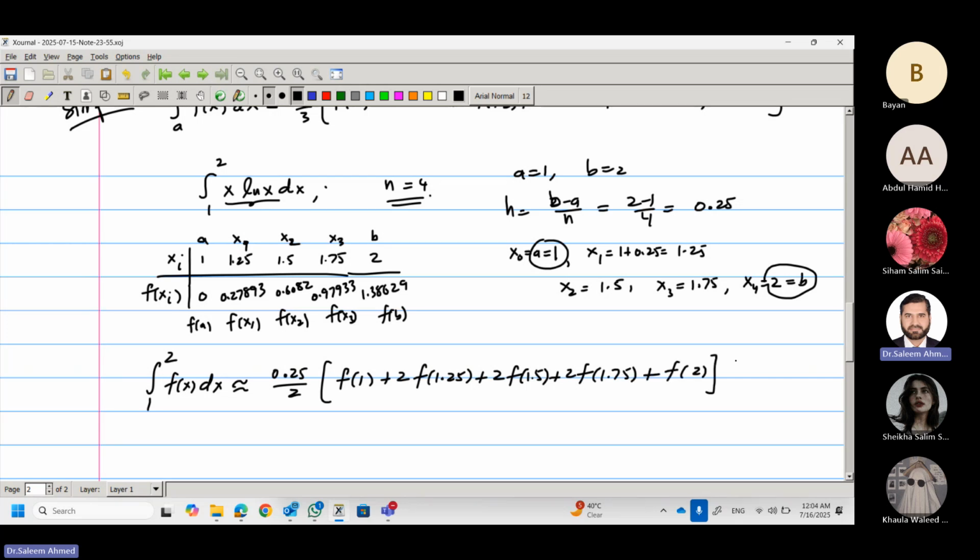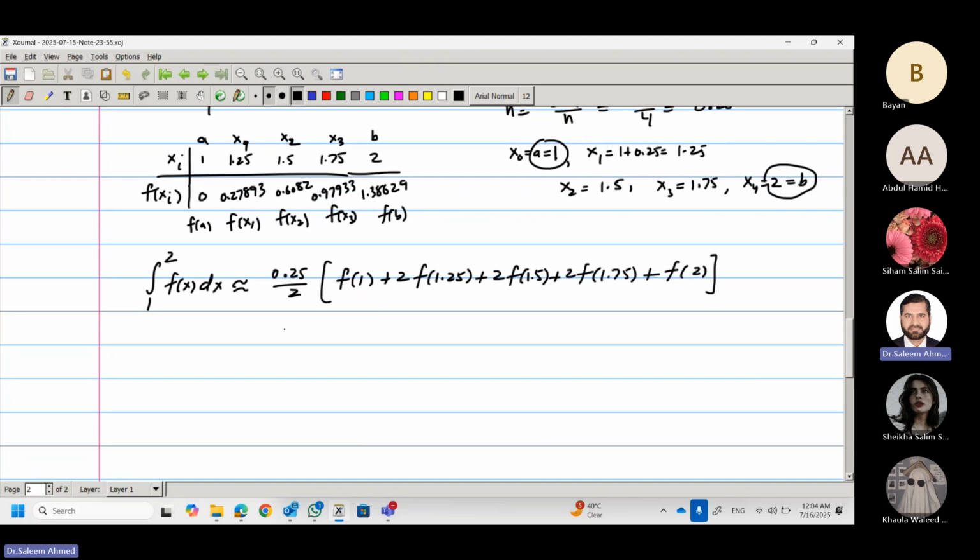So this is the trapezoidal rule. Now you have all the values, right? f of 1 was 0, plus 2 into f of 1.25, which was 0.27893, plus f of 1.5, which was 0.6082, f of 1.75, which is 0.97933, and plus f of 2, which is 1.38629. So that's your answer.